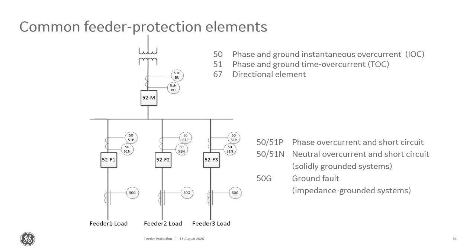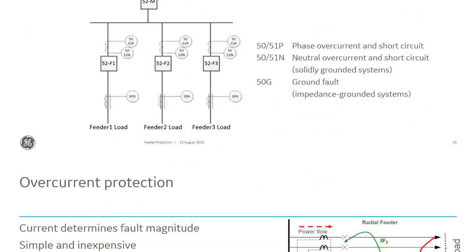For phase faults, positive sequence voltage; for ground faults, zero sequence voltage or negative sequence voltage are the polarization sources. So for a 67 element, in addition to the CTs, we need VT connections or another polarizing source, such as another CT that's upstream of that relay.